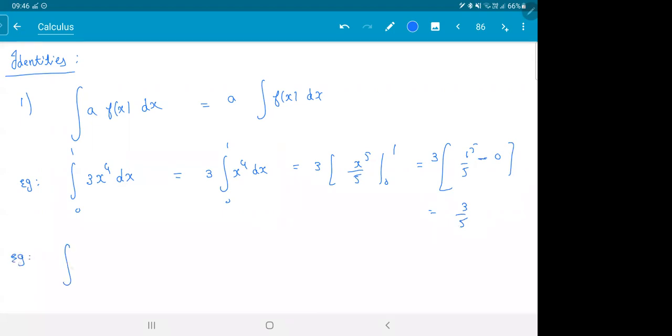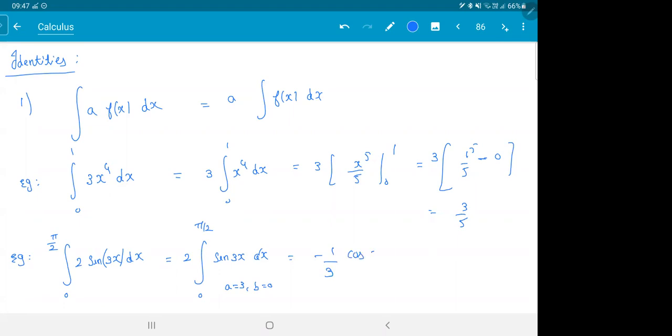Suppose someone gives you like 2 into sine 3x dx, let's say from 0 to pi by 2. 2 will come out, integrate sine 3x. So for sine, if you see a is 3 and b is 0, the formula is minus 1 by a.